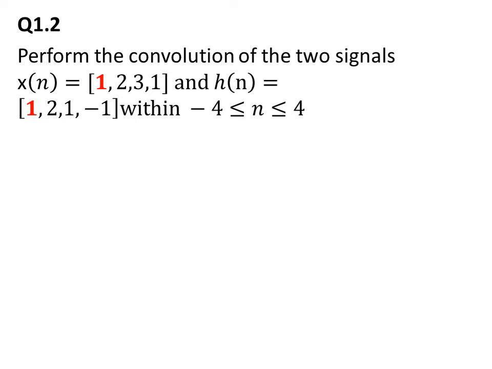Then using the conv command, we can find the convolution. And using the stem command and the subplot command, you can also label the x-axis and the y-axis. By doing that, you can draw all three plots, that means x[n], h[n], and the convolution between x[n] and h[n], in the same plot.